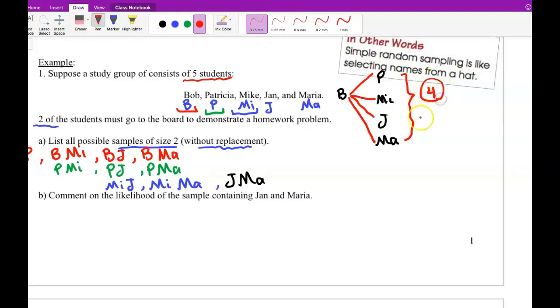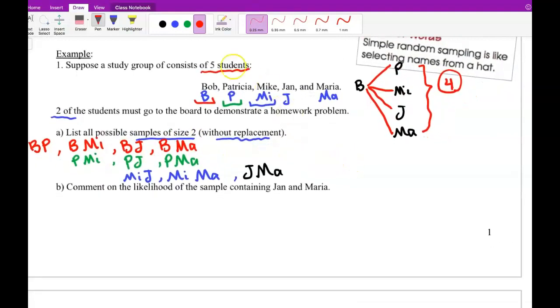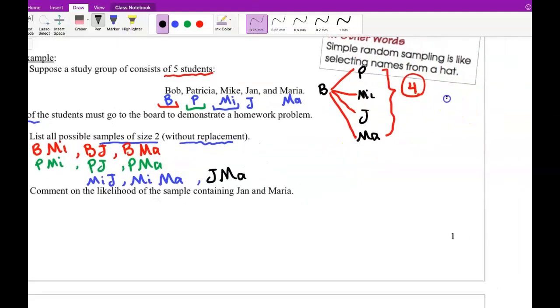So here I have 4 possible samples in the first row. Then I started from Patricia, and on the right side we have Mike, Jane, Maria.